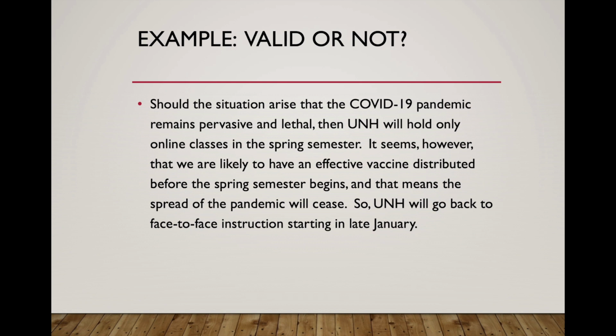The second premise tells us the antecedent is not true. We don't know what happens if the pandemic will cease. The molecular statement, the conditional statement, only tells us what happens if the pandemic continues, right? So we have an invalid conditional argument, and it commits the fallacy of denying the antecedent.